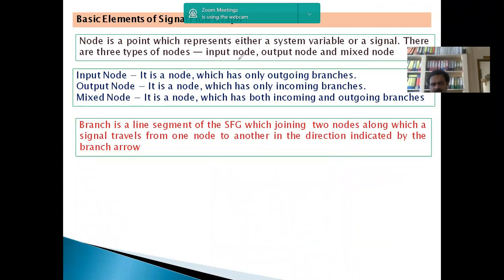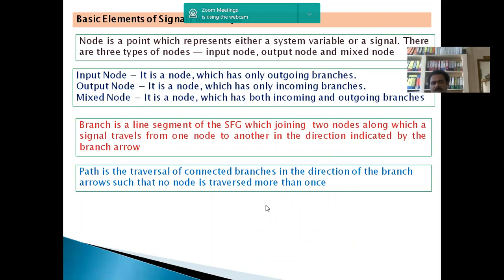That is called a branch. Next, path. A path is the traversal of connected branches in the direction of the branch arrow such that no node is traversed more than once. Same figure we can take as an example.